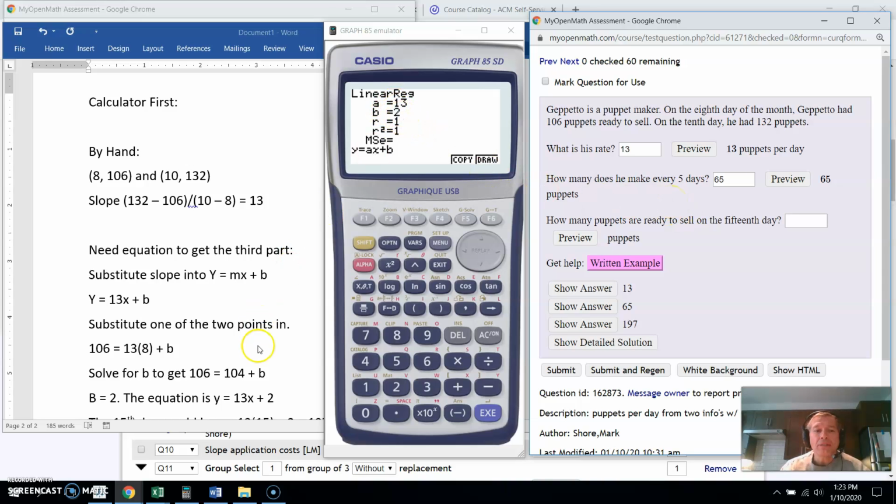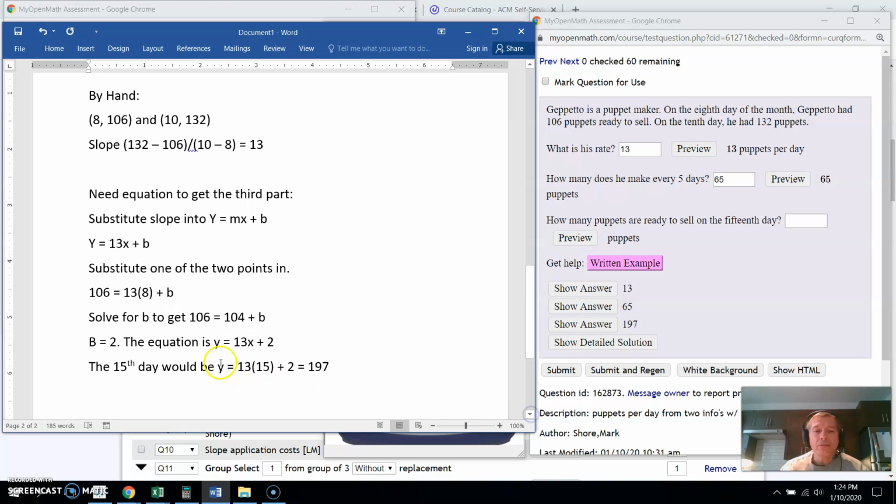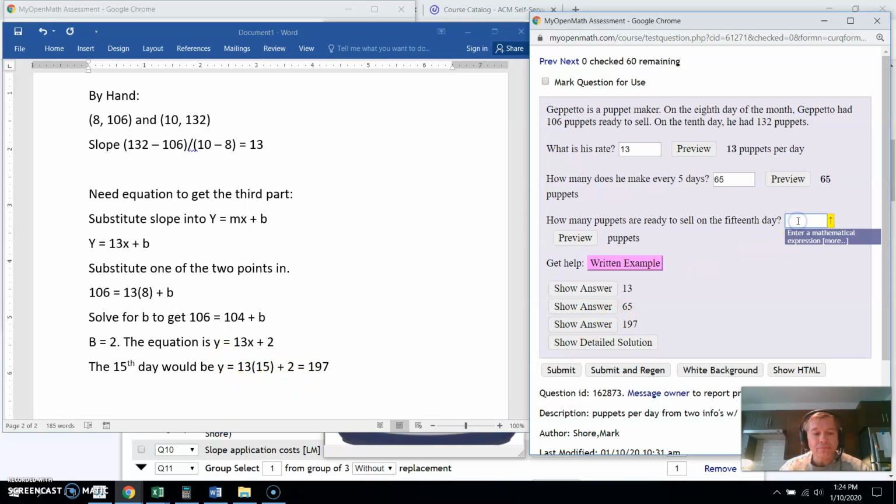In the equation y equals 13x plus 2, the x stands for the number of days that have gone by, and y stands for the number of puppets made. So on the 15th day, you would just put 15 in there for x and work it out. So we would do 13 times 15 plus 2, and you get 197. So that's how you do that problem.